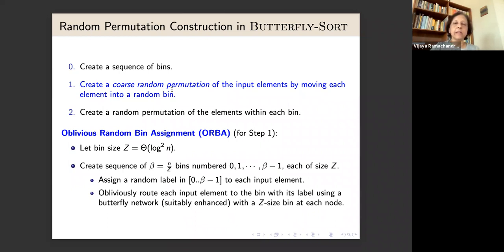Our task is to obliviously move each input element to the bin numbered by its random label. The way we are going to do that is we'll route them obliviously using a butterfly network, but suitably enhanced to preserve obliviousness.